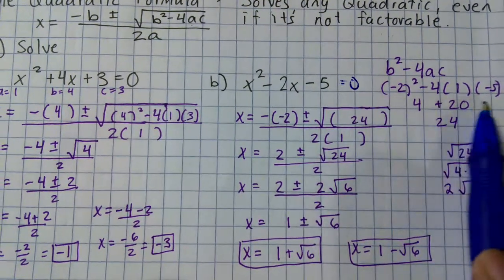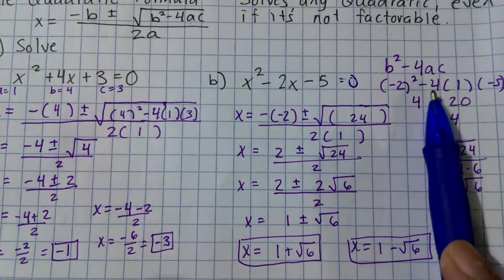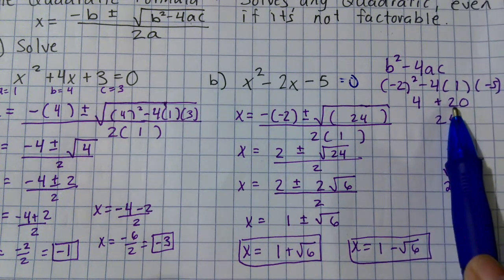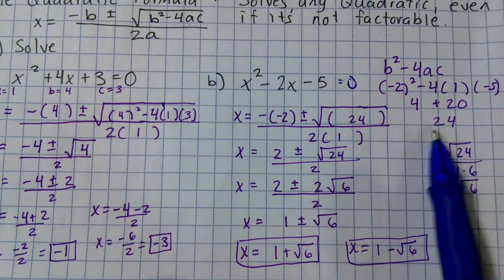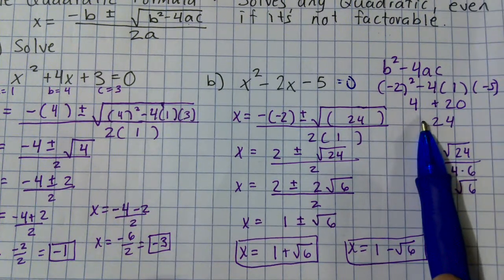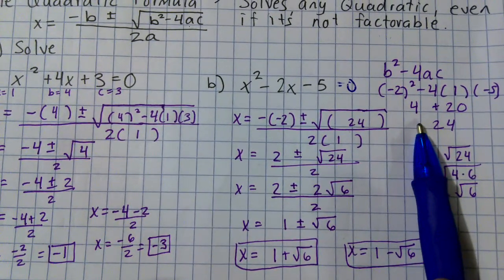Negative 2 squared is 4, and negative 4 times 1 times negative 5 is 20. The discriminant is 24. Remember, what matters is not the number, what matters is the sign. Since the sign is positive, it's going to have two real roots.